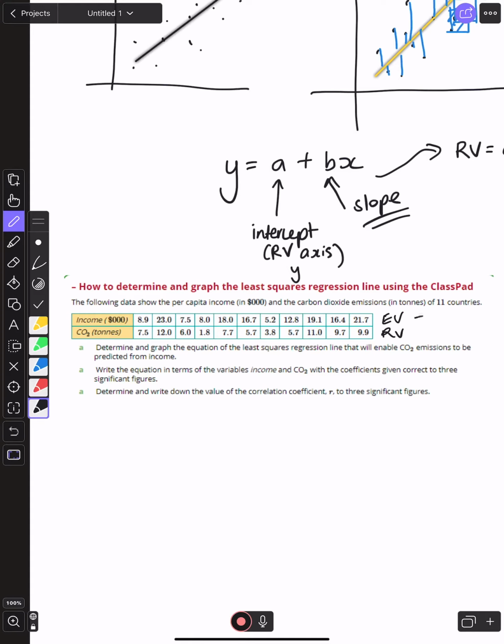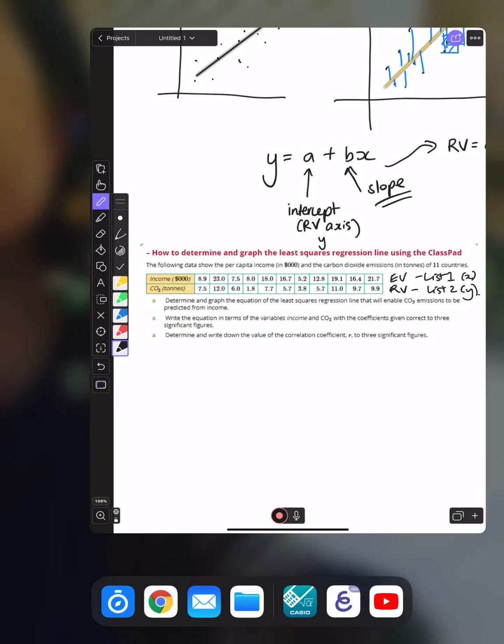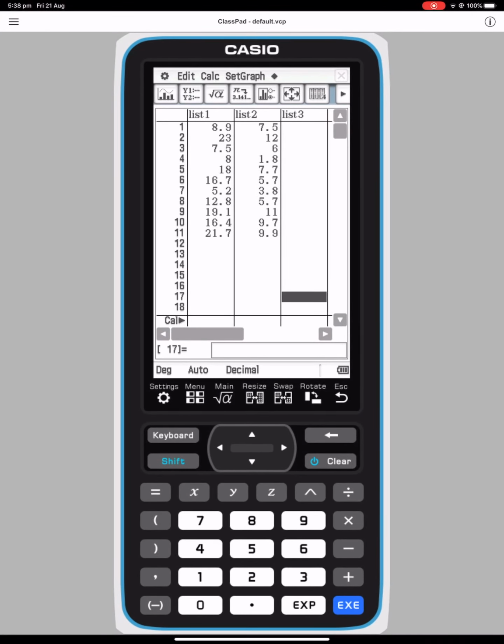So EV goes in list 1 always, that's our X, and the RV is list 2, which is our Y. Okay, so back to our calculator. I have already put in the data in here. So this is our income and that is our CO2 emissions.